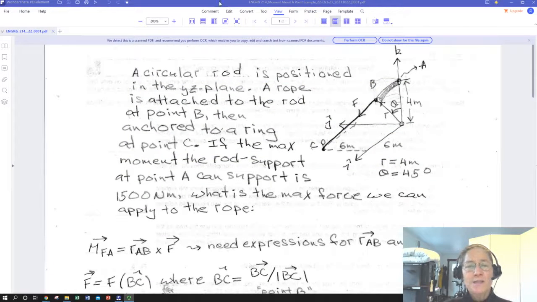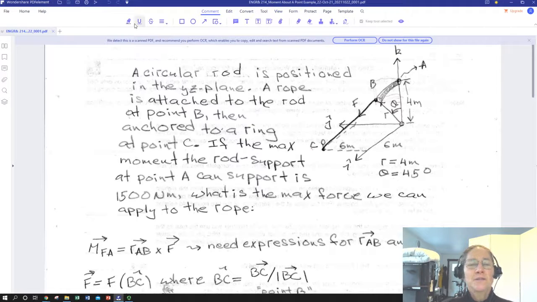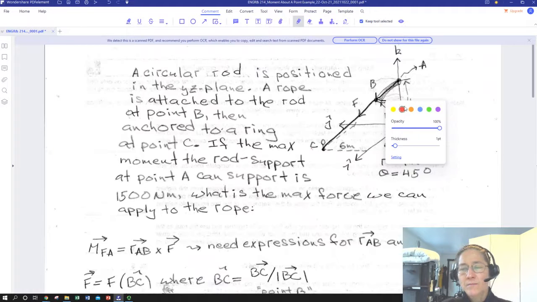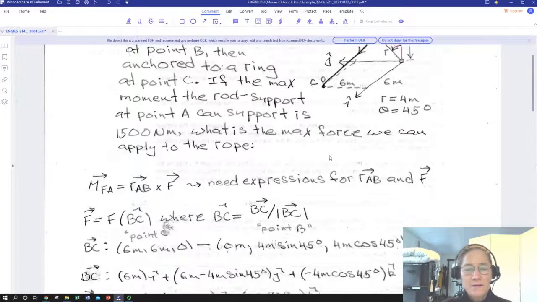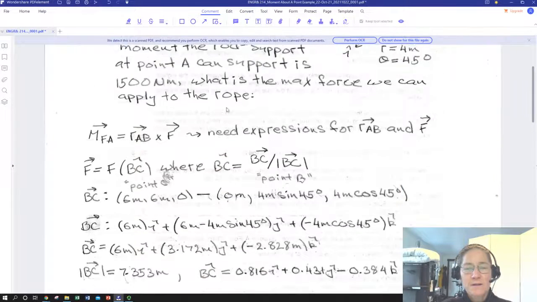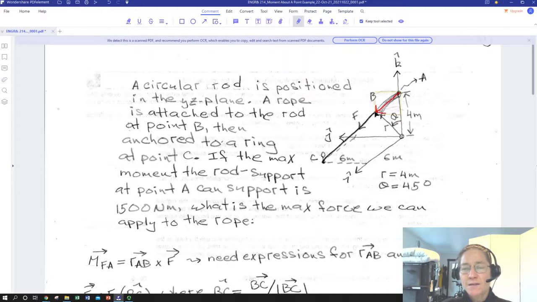So there's B. The radius vector will go from point A to point B. And of course the force is a vector, and we know that the force is going to act along this line of action between B and C. We'll put that in blue there so you can see it.